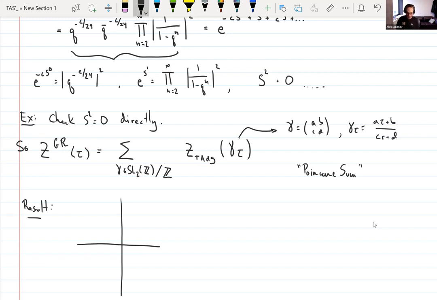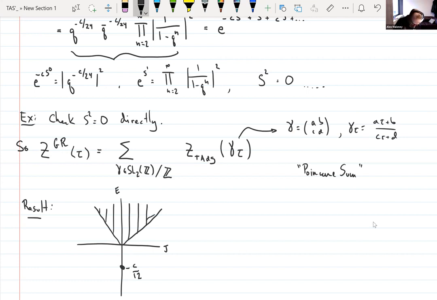So what does the answer look like? Well, the answer looks very close to the one that I presented at the beginning. So it's got a vacuum state. Unfortunately, the density of states is still continuous, and even worse, it's negative.